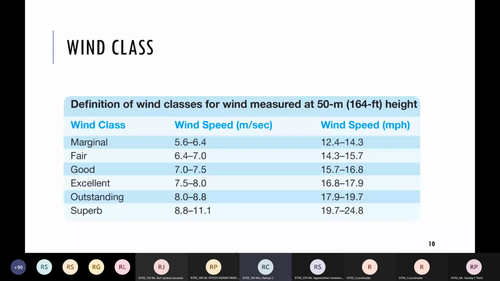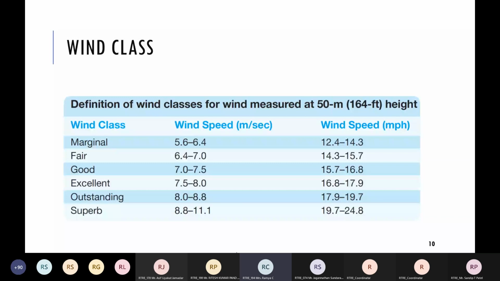Wind energy, wind behavior we need to understand first. So what are the requirements of wind, particularly for a wind turbine? This table just gives you a rough idea about the wind classes, which is good, excellent, outstanding, or just fair.